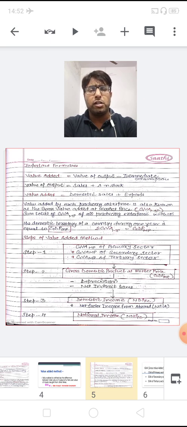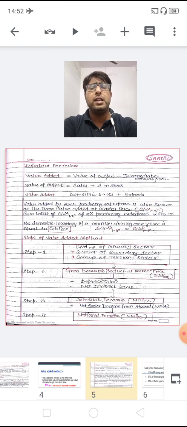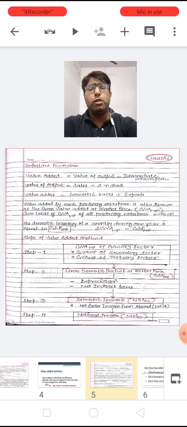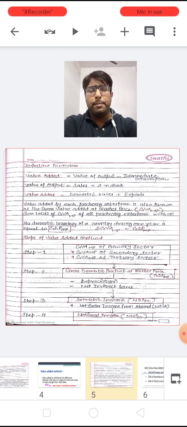We call it gross value added at market price, and when we sum the gross value added at market price by each and every sector, the value becomes equal to gross domestic product at market price. I mean, the summation of GVAMP is always equal to the summation of GDPMP.